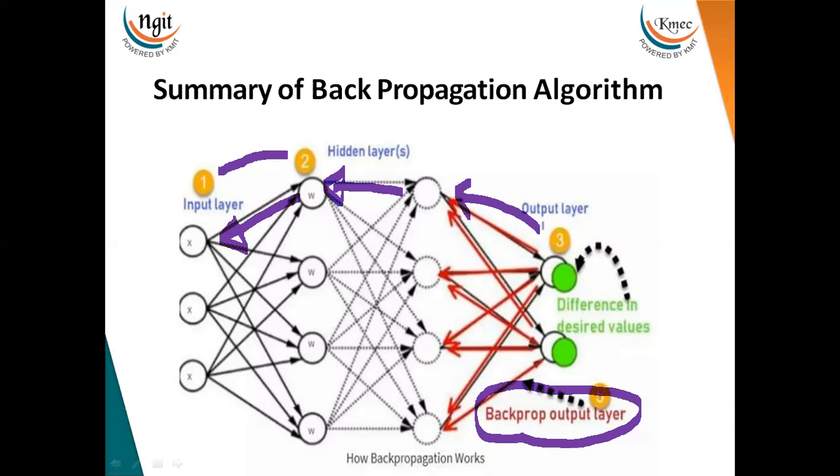That error you first have to calculate at the output layer, then in the hidden layer previous to the output layer, and like this you propagate to the input layer. While backpropagating, you update the weights and the bias, and there are different formulas for weight updation and bias updation that we have seen. So now let us see one example based on this backpropagation.